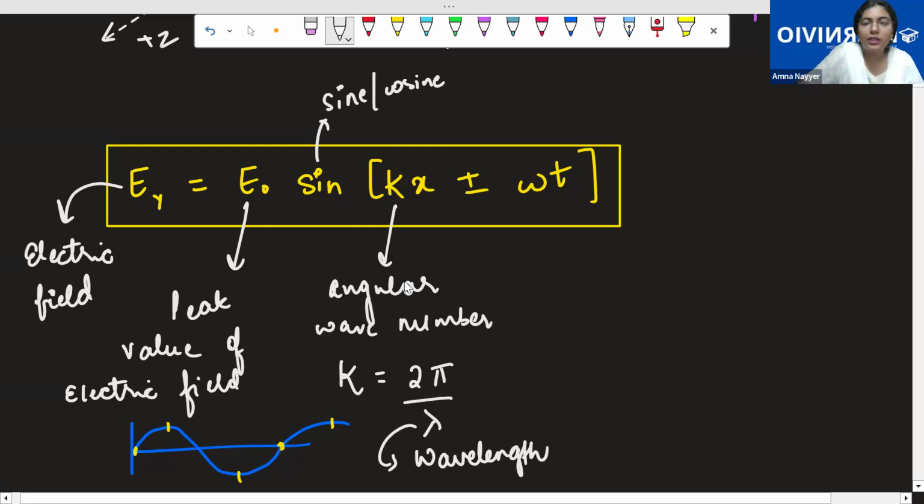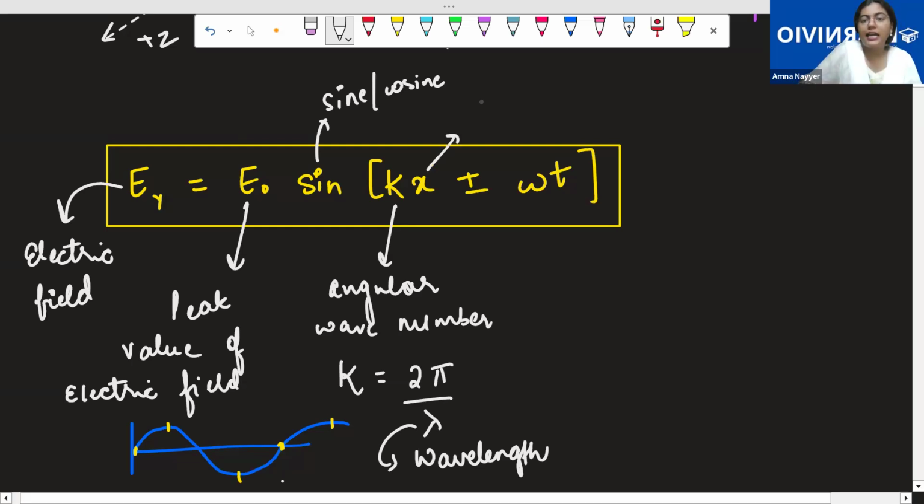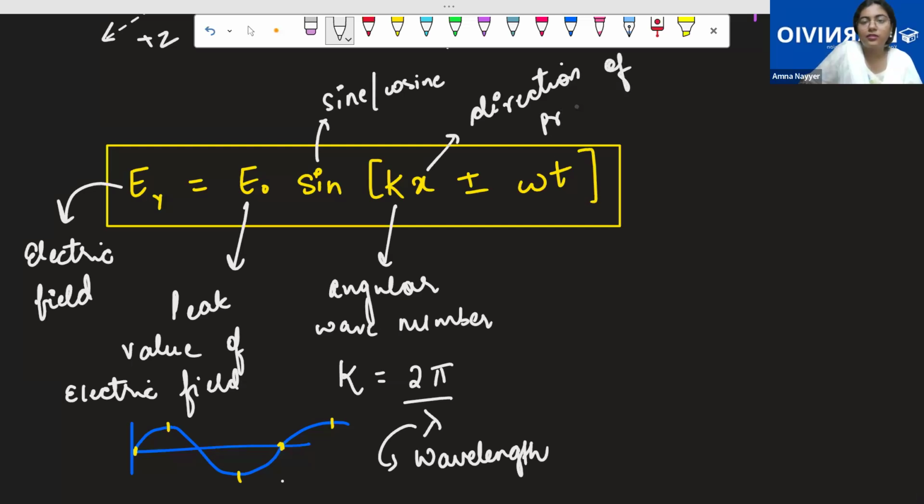Okay. Now see, coming to this X symbol, it actually tells us about the direction. Where is the wave propagating? Okay, direction of propagation. See, this is telling the direction of the electric field. This will tell the direction of propagation.